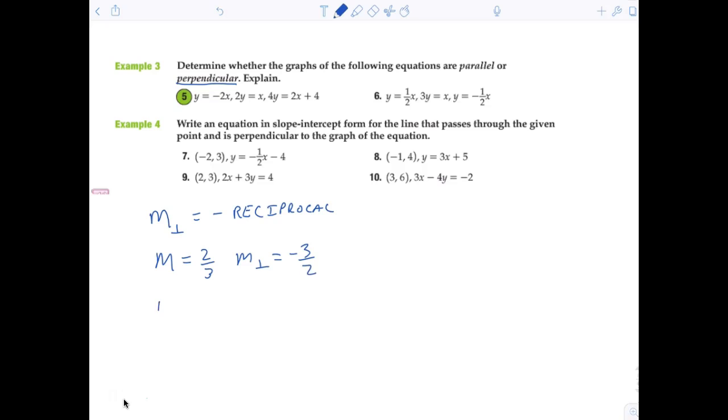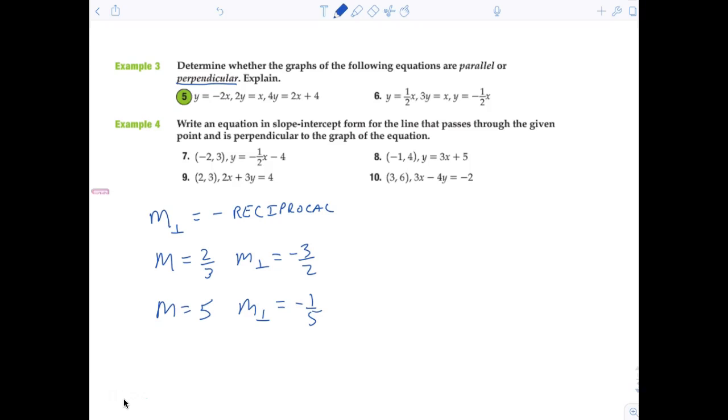If I said the slope was 5, the slope of the perpendicular would be what? Come on, you gotta be listening. Negative 1/5. Now, those are two examples of how you do perpendicular. You're taking a reciprocal and you change the sign. So if the slope is positive, it's going to become what?